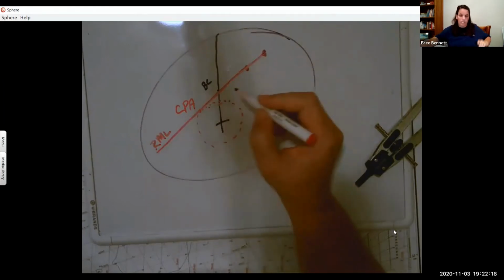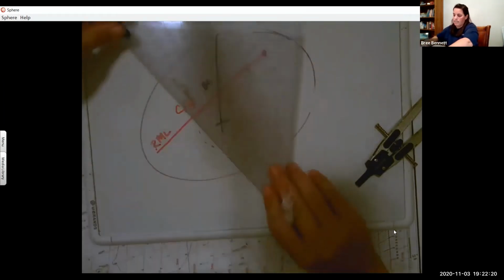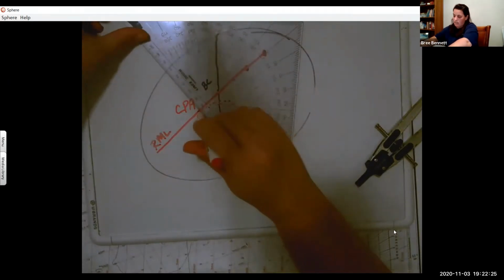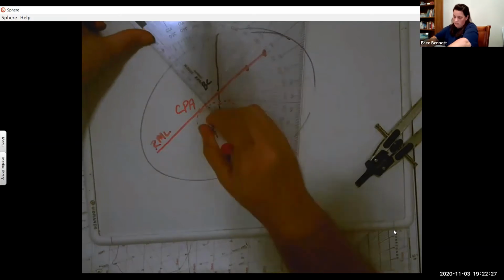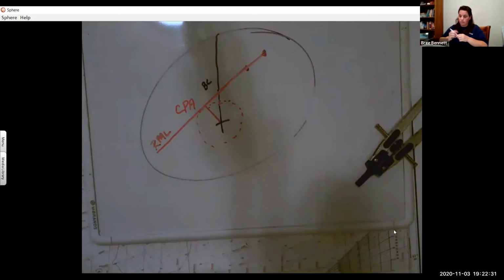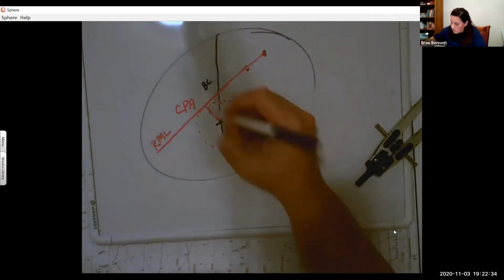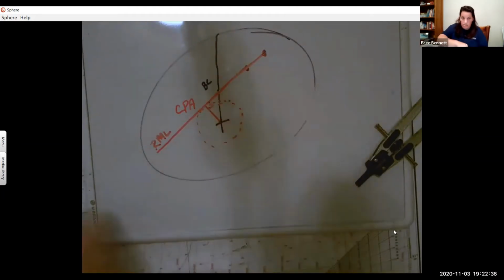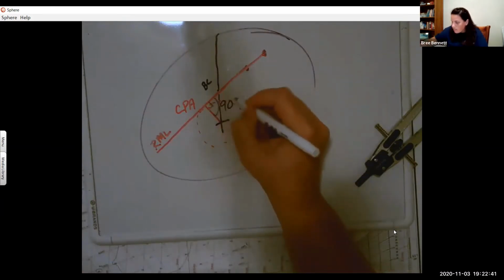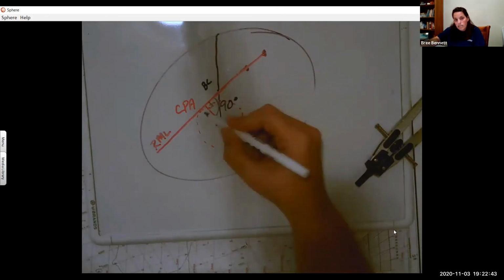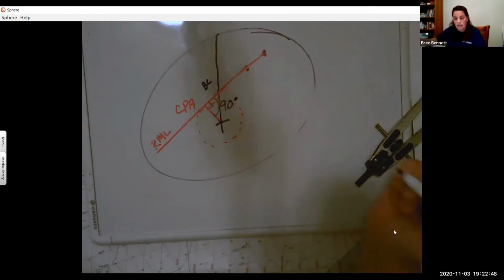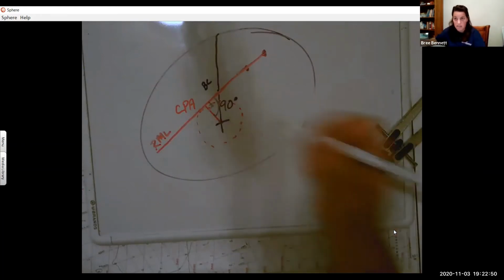So if we use our triangle, which has a 90-degree measurement on it, we can plot a 90-degree angle where we're going to find the closest possible point to where it gets closest to us.